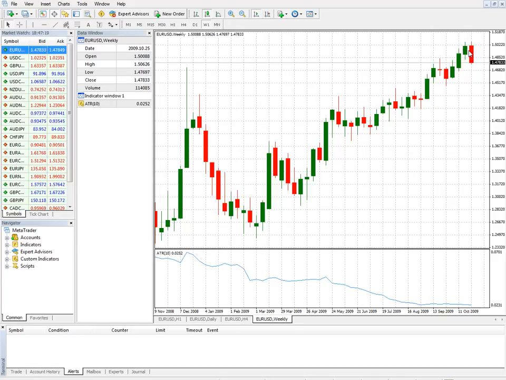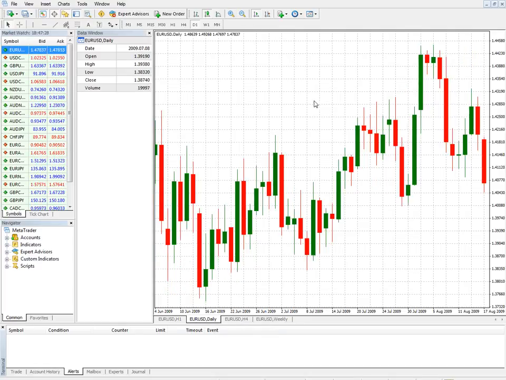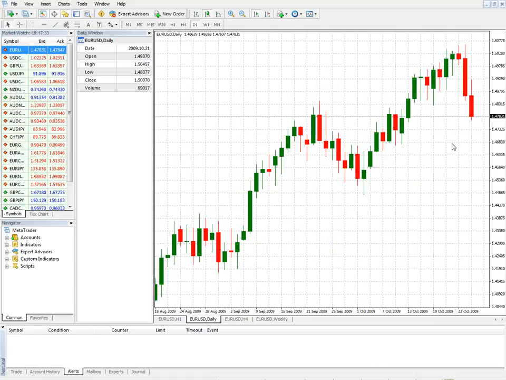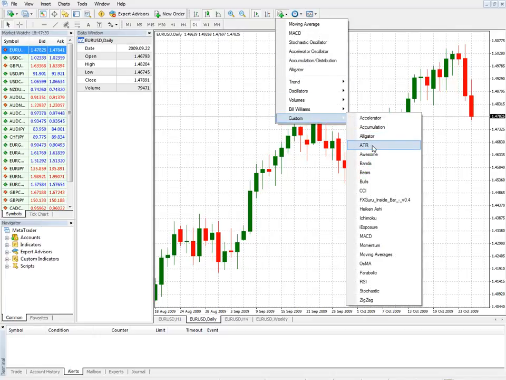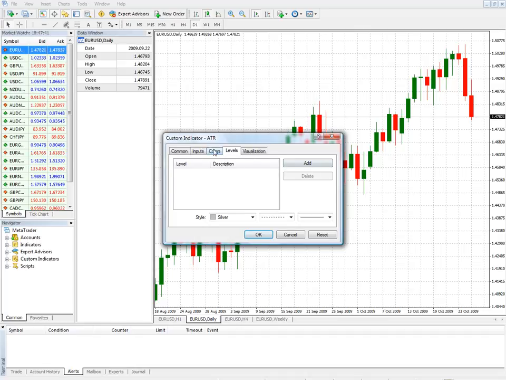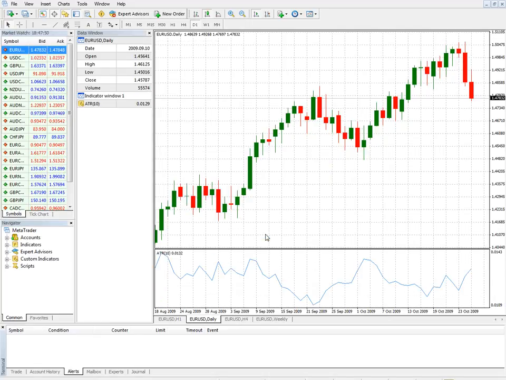So what we're going to do here is let's go to a daily chart, for instance. And let's expand that. Okay, auto scroll brings us back. And let's do the same thing there. Let's go down and grab our average true range. We'll do 10 period. There we go.